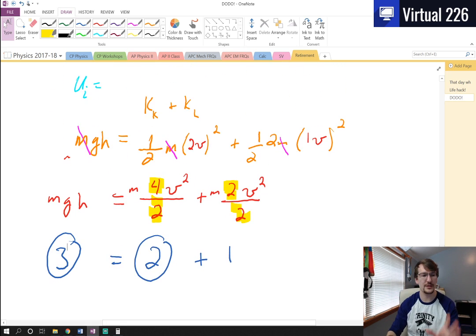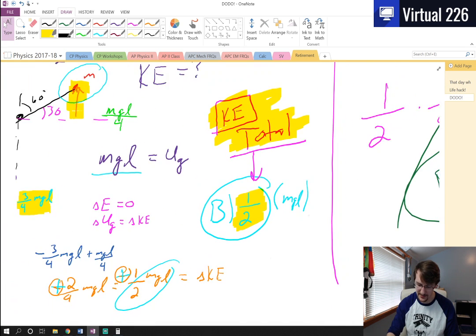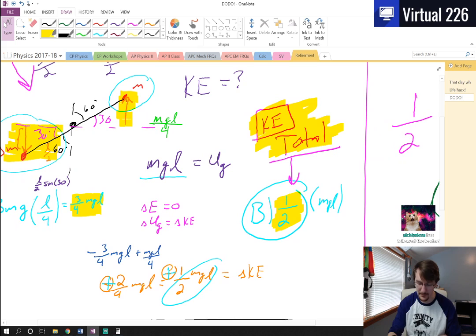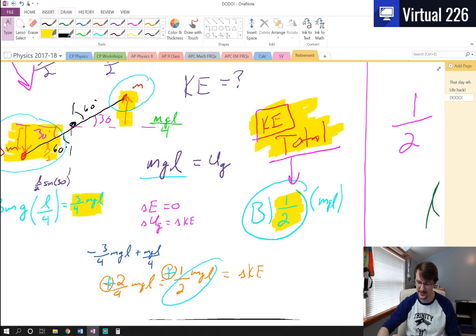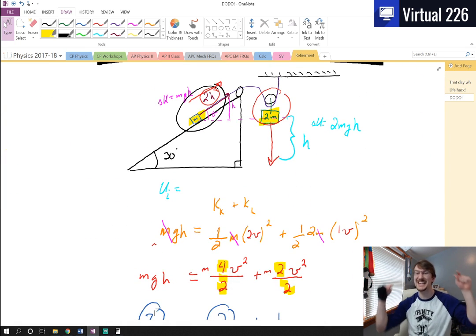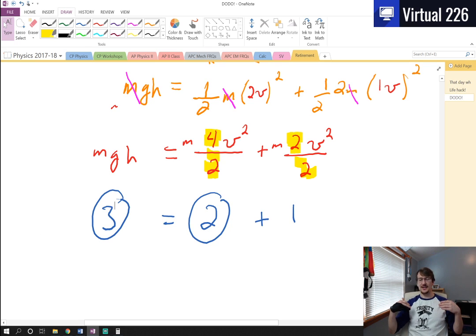So before, when we did the previous problem, we were able to just divide by the mass, because all of the masses were moving at the same speed, because the angular velocity was the same, because they were all attached rigidly to the rod. In this case, because they're moving at different speeds, each one has its own independent kinetic energy.